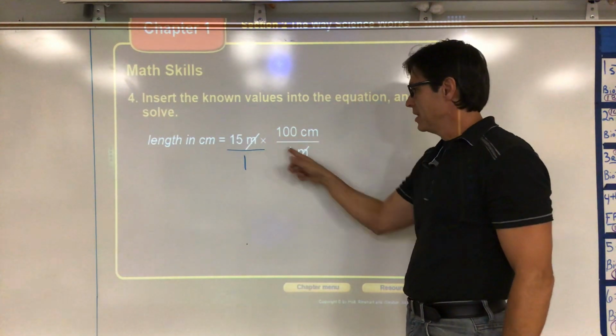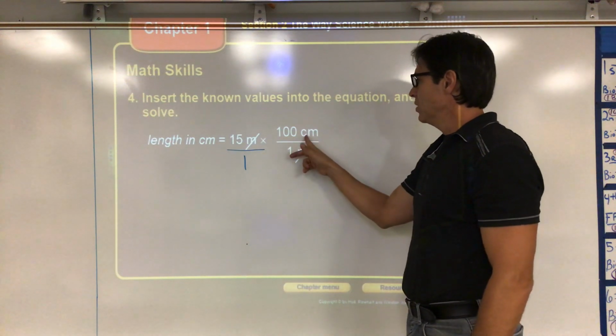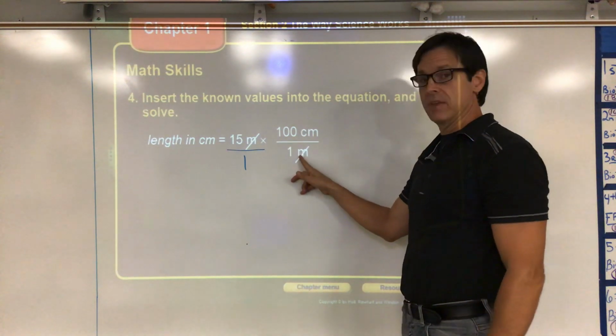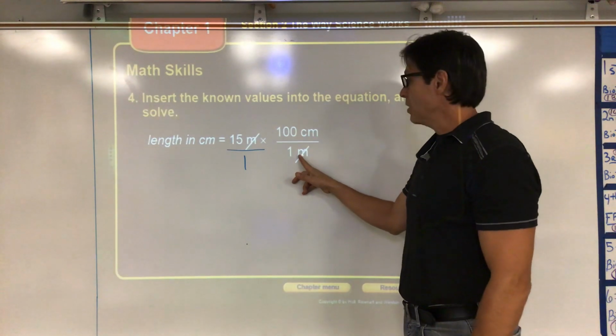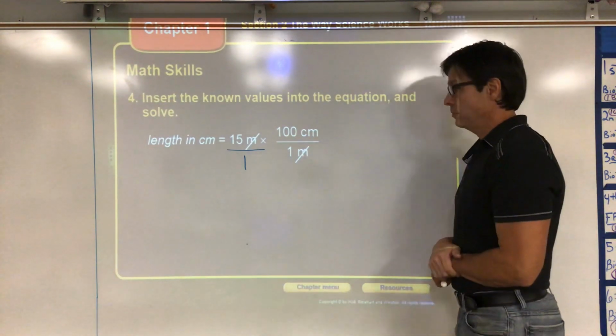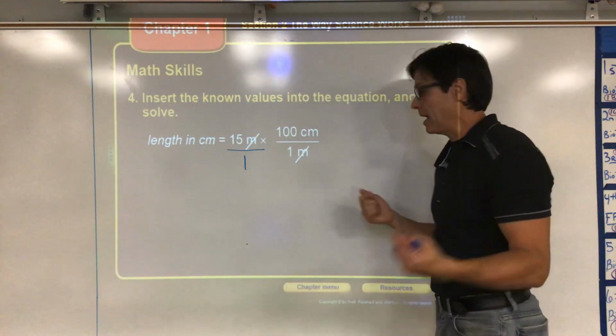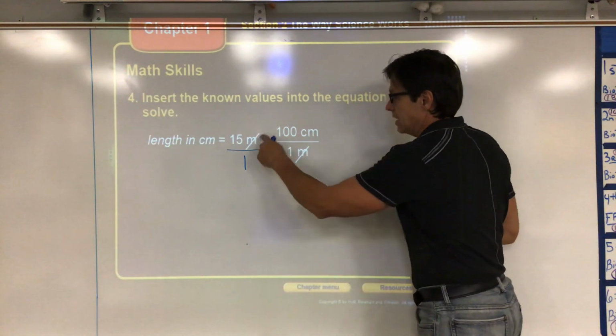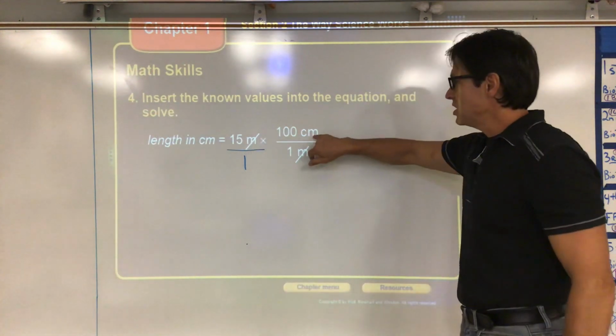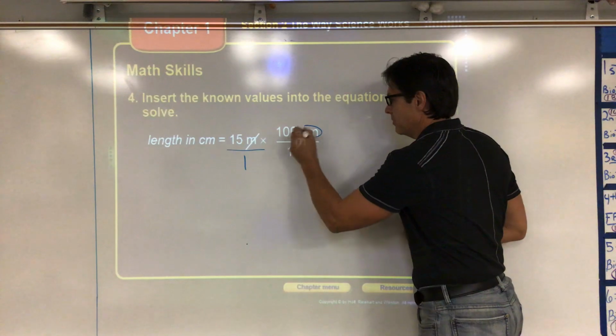I noticed that 100 centimeters is the same as 1 meter, so now I can cancel, just like simple fractions in math. You see here it's cancel, cancel, so that leaves centimeters as my only unit of measurement.